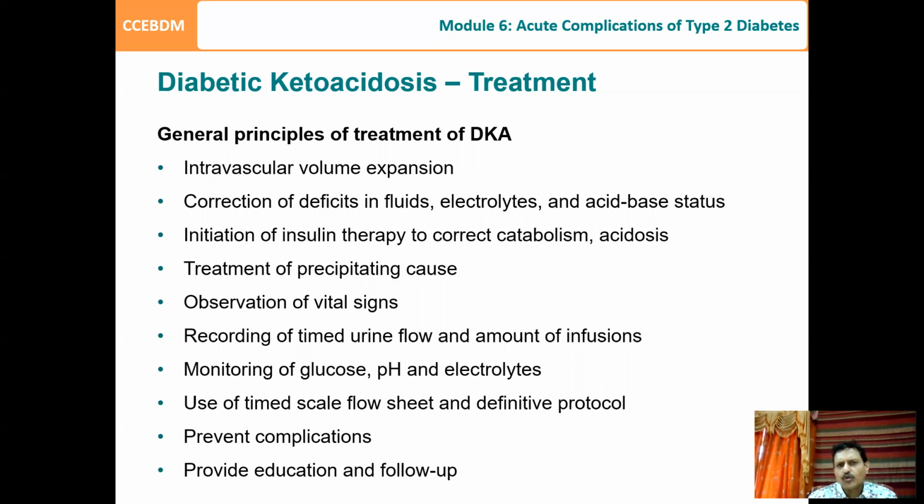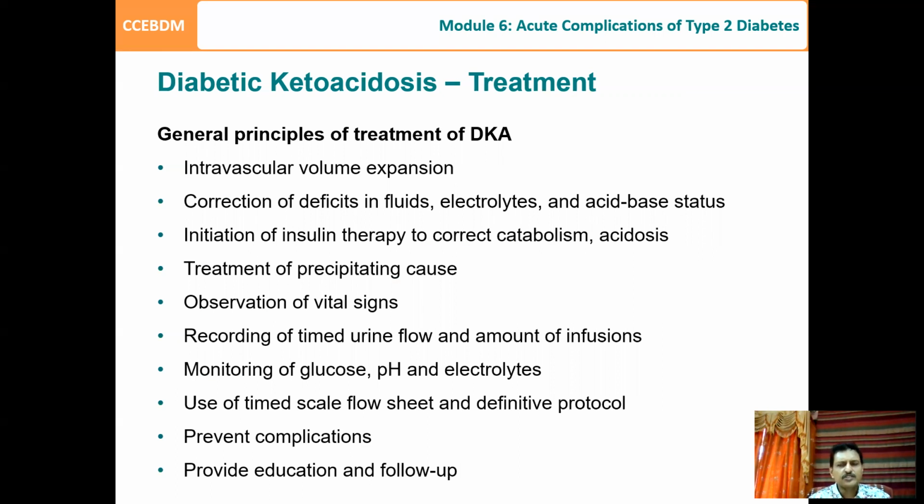Now we have to look into the fluid, electrolytes and acid-base status. But once you have given the fluid, once you have started the insulin infusion at a low rate, it will correct the ketogenic process, and once it corrects the ketogenic process, the acidemia will get corrected gradually. We have to look into the precipitating cause.